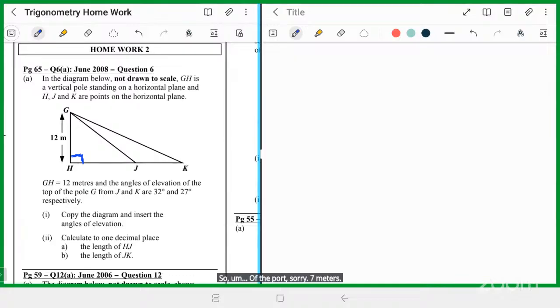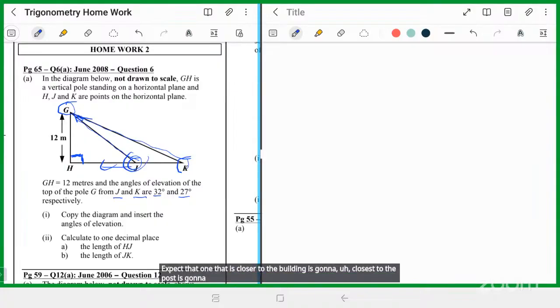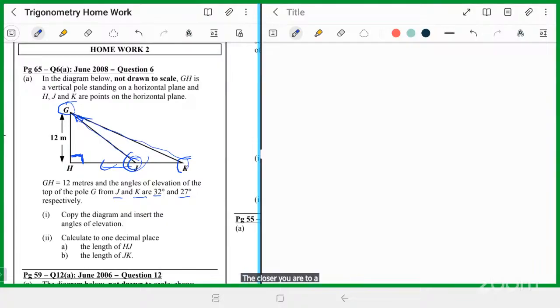And the angle of elevation of the top, G, from J and K are 32 and 27 degrees respectively. So from here looking up is 32 degrees, and from here looking up is 27 degrees. You must expect that the one closer to the pole has a higher angle of elevation. The closer you are to a vertical object, the more you have to tilt your head to look up at the top of it.